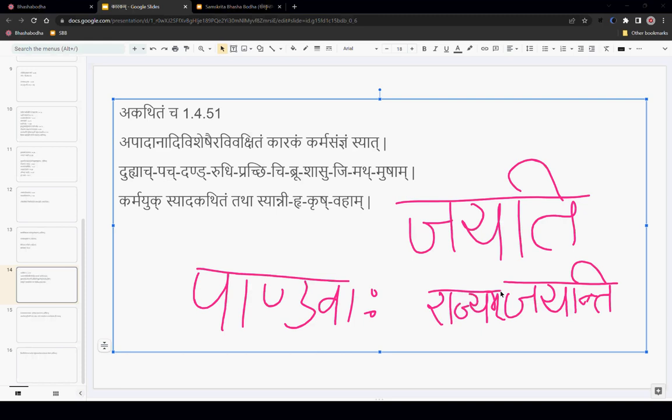Now Duryodhanat is apadana, from. That can also get into karma. Duryodhanam.